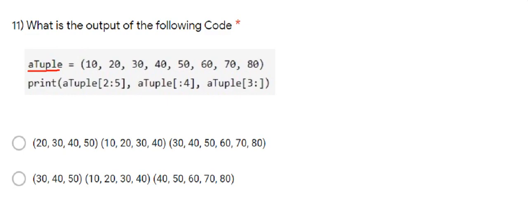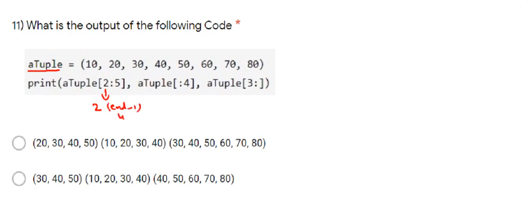2:5. That means the starting index is 2, the ending index is 5. There is no negative indexing and no step value, so here you can take it as a positive direction. The begin index is 2, end minus 1. That means 5 minus 1, 4.